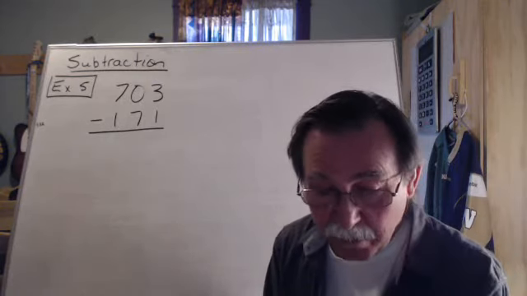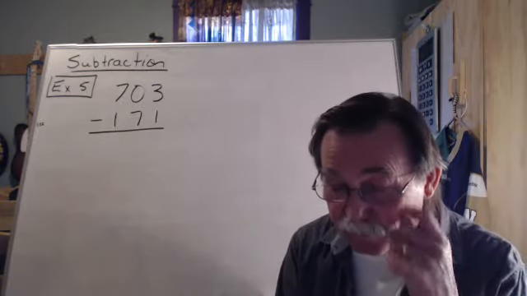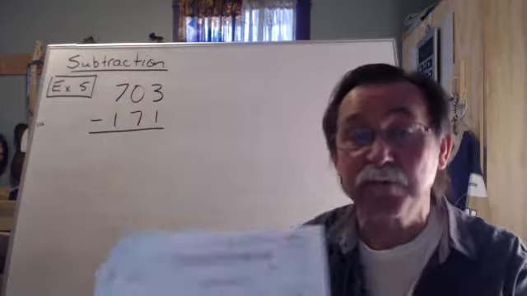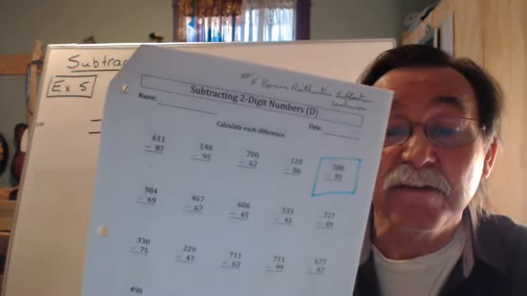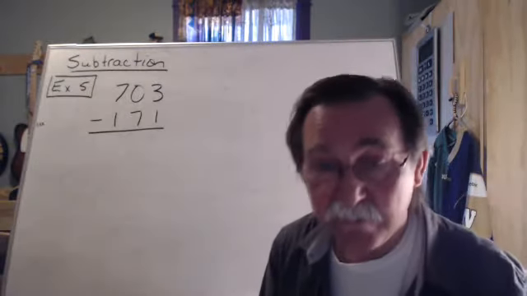So I have one last calculating question for you here, and it's from subtracting two-digit numbers D, the one in the blue box there, and it's 500 subtract 81.